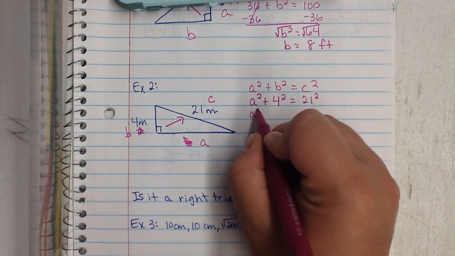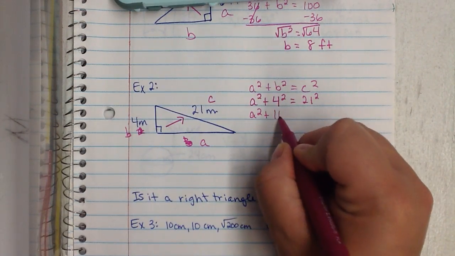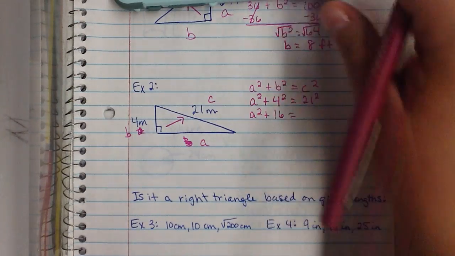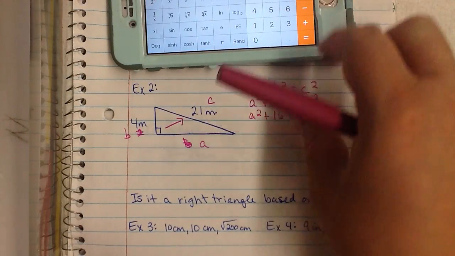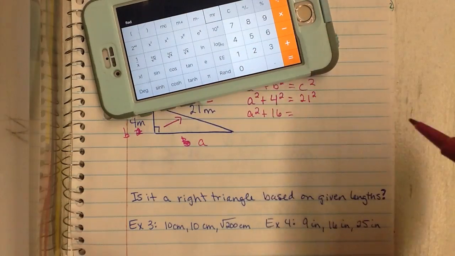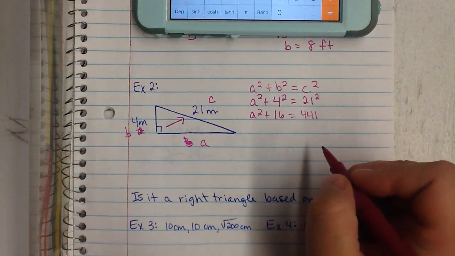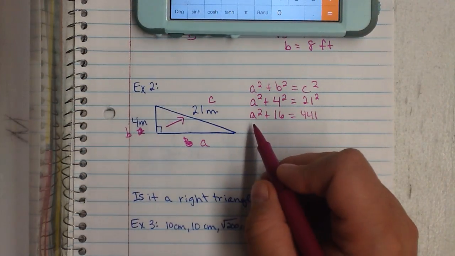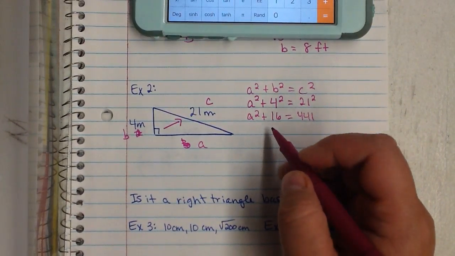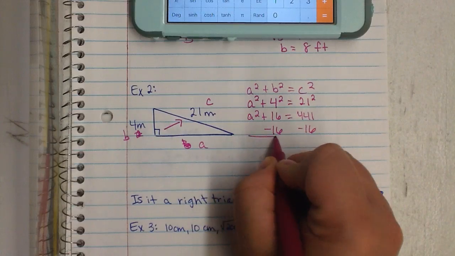So I have A squared plus 4 squared is 16. 21 squared, to determine that, you just do 21 times 21 is 441. So now I want to get A squared by itself. So to do that, I'm going to subtract 16 from both sides.